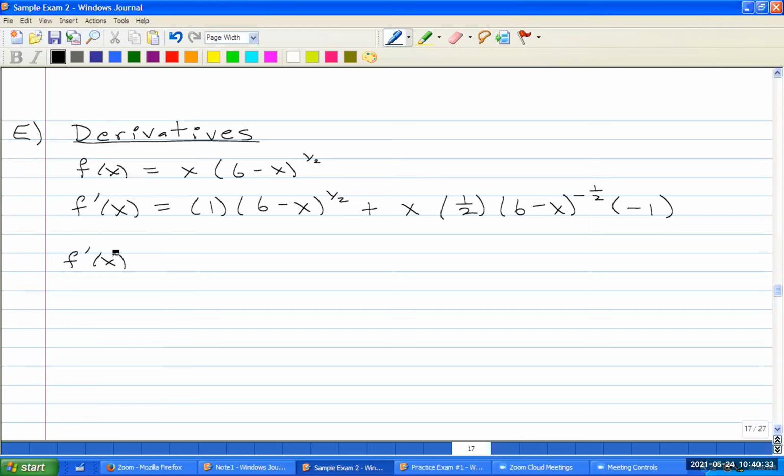Okay, so this is equal to, let's just simplify it slightly. I want to take the second derivative.